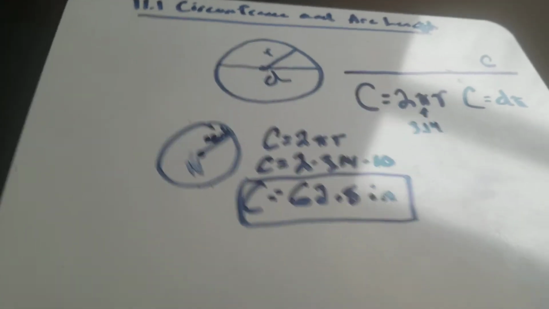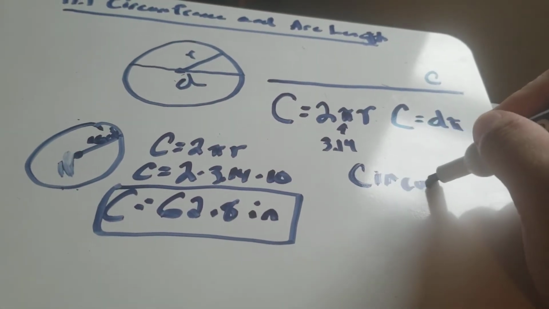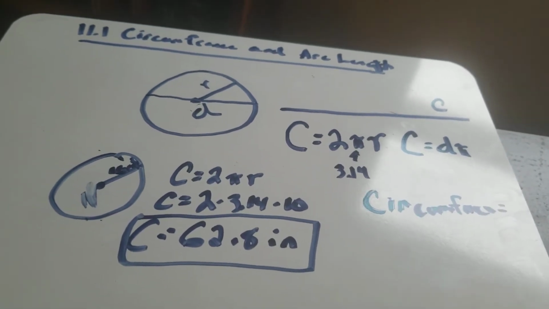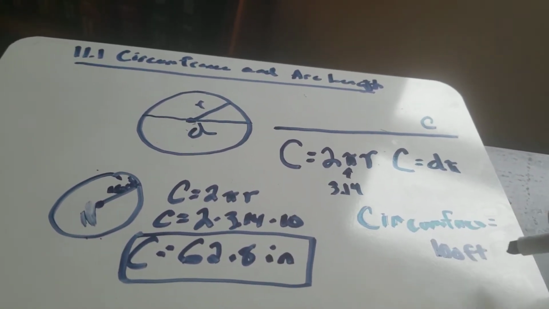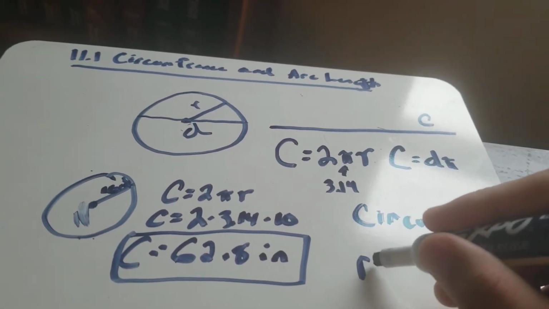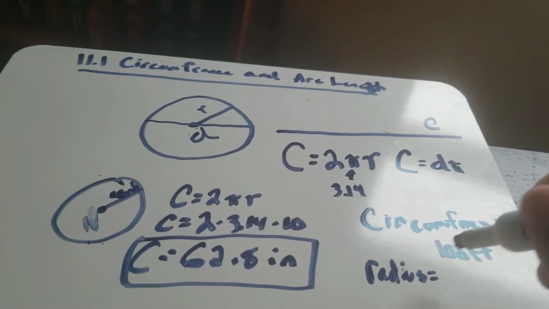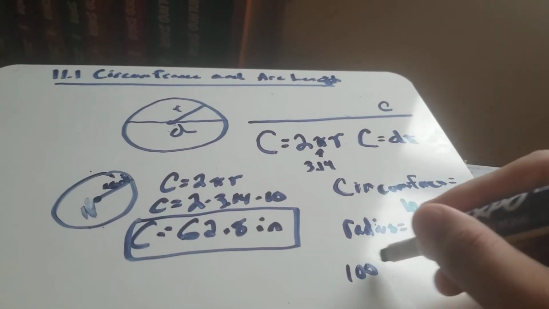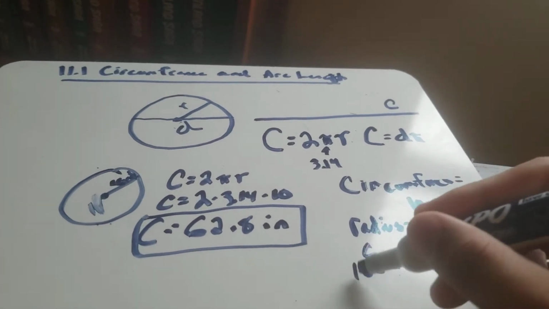And then I could ask you a different type of question. If you know the circumference is, let's say, 100 feet, give me what the radius is. So if the circumference is 100 feet, find me the radius. So again, it's just plugging into the equation. 100 equals 2 pi r, because C equals 100.